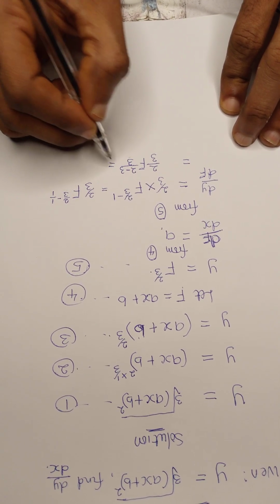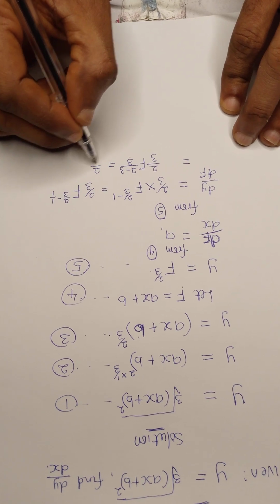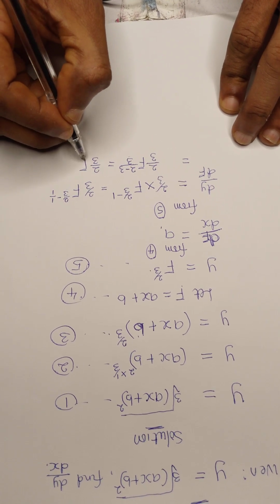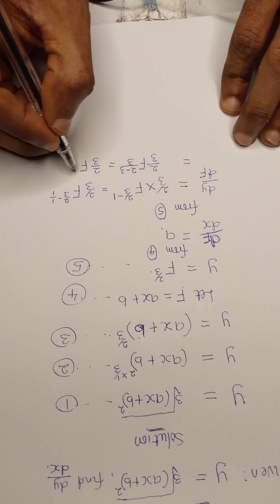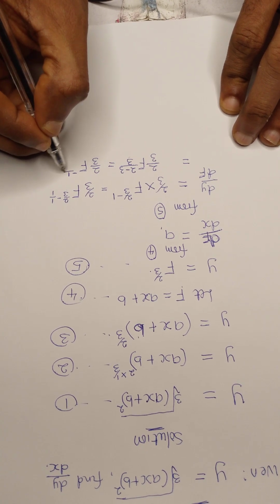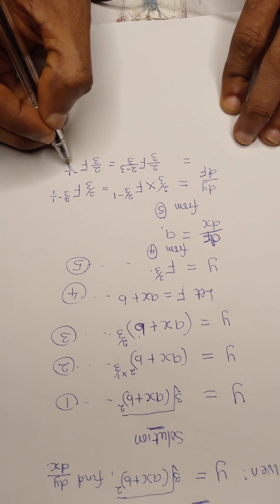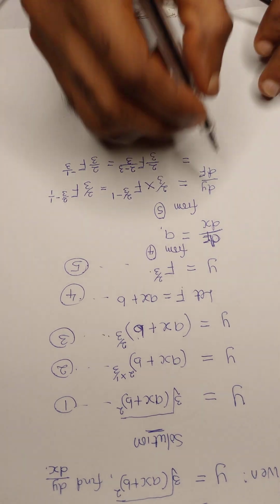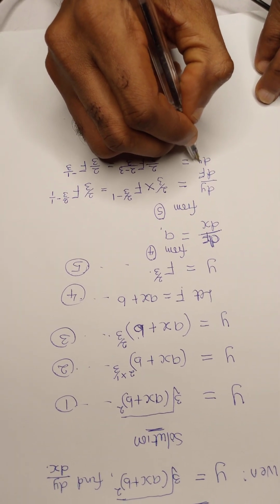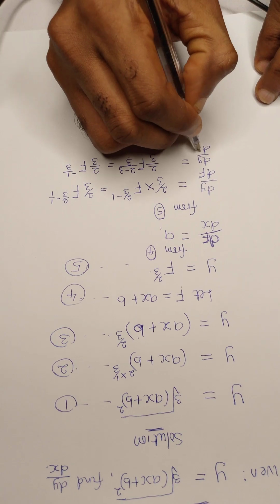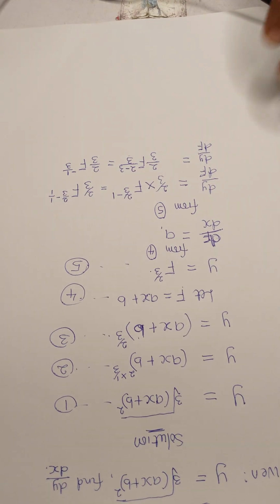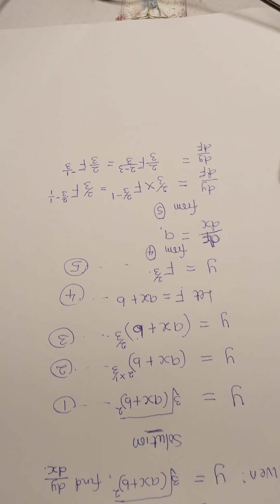So this will now give us 2 over 3, f raised to the power of 2 minus 3, which is minus 1, all over 3. So this means that our dy over df is equal to 2 over 3 f raised to the power minus 1 over 3.